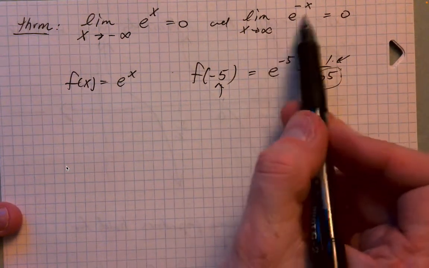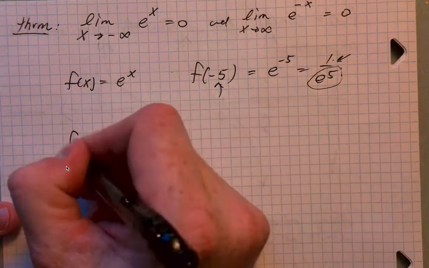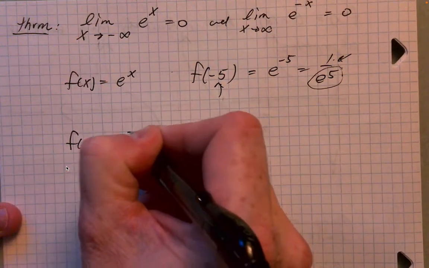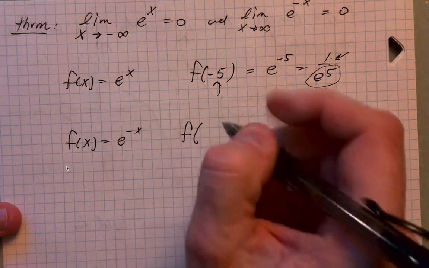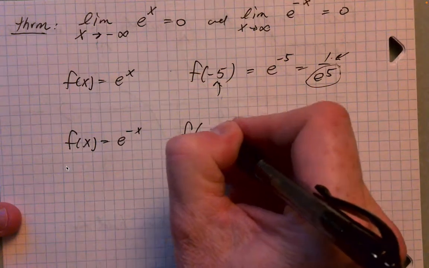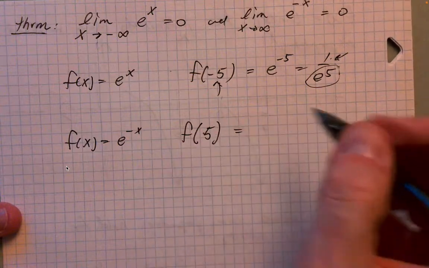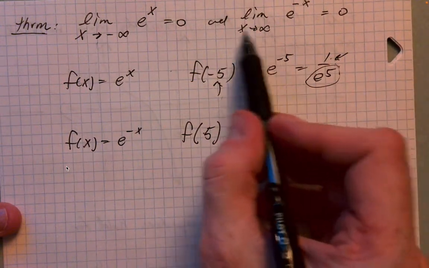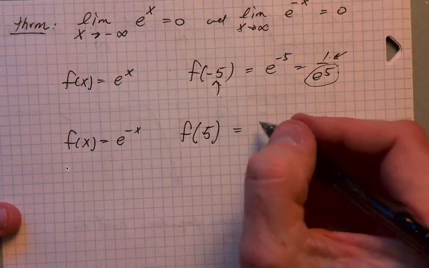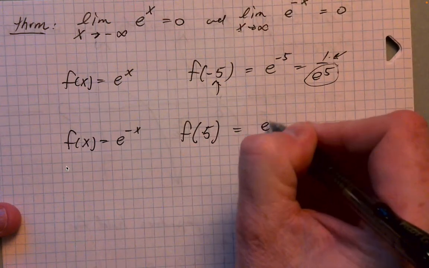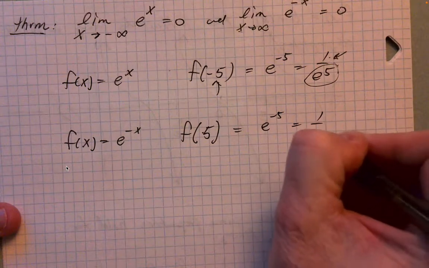And in the case of this other one, if f of x equals e to the negative x, then f of 5 would equal, because x is on the positive side, heading off to positive infinity, so I'd plug in positive values here. Then it's going to be e to the negative 5 again, and again it's 1 over e to the 5th.